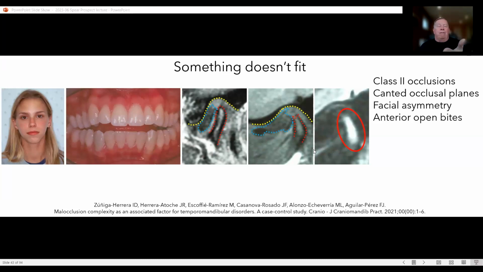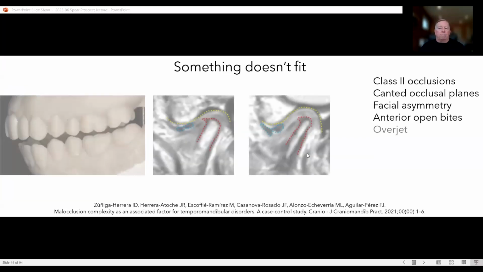That's because we didn't have the advantage of three-dimensional imaging that we have today. Today, we know that while muscle is a component in a lot of these cases, there's way more patients that have the hard tissue issues that we talked about, or upper cervical spine issues, or other issues that we'll talk about in just a second, that help explain why they have pain. They're not crazy like we were taught.